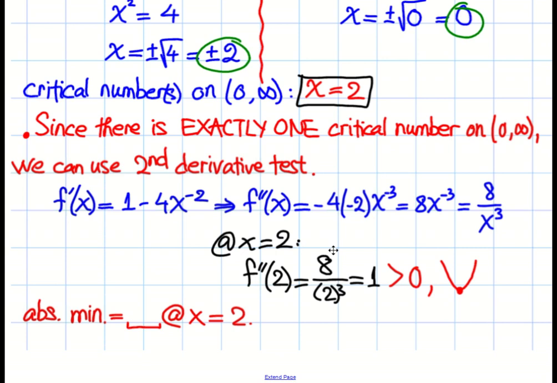So now in this problem, we will not have the absolute maximum. So we say no, there is no absolute maximum. Right. The only thing we need to do is just find out what is the value of the function when x equal to 2. So that's very easy.